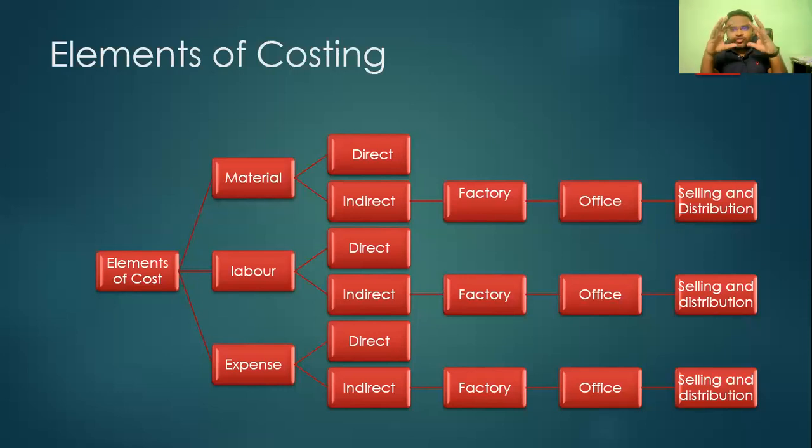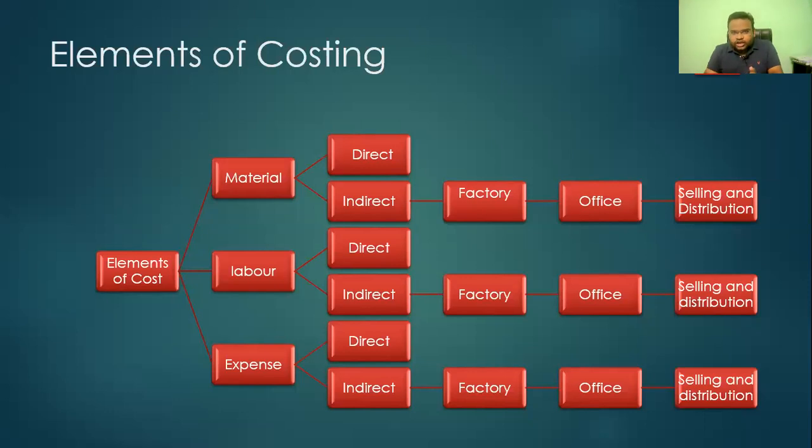So first I categorize into three categories: material, labor, expenditure. Again, I categorize into six categories: direct material, indirect material, direct labor, indirect labor, direct expense, indirect expense. Clear in this regard? First I'm moving into three categories, next into six categories.